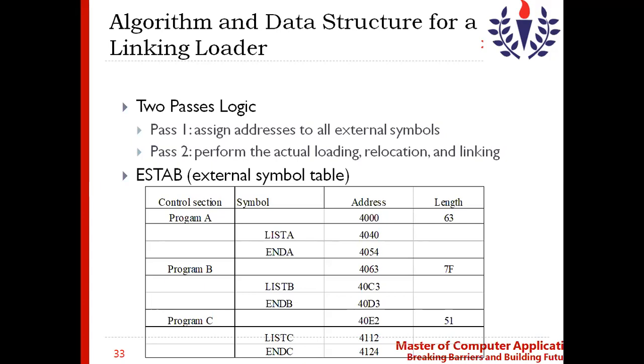Why the linking loader actually uses two passes is because there would be some external symbols, as I mentioned in the previous topic, program linking, where I showed you three different control sections: program A, program B, and program C, in which different symbols were used. Some of the symbols were defined in the same control section, and some would be defined in another control section but used in the current control section.